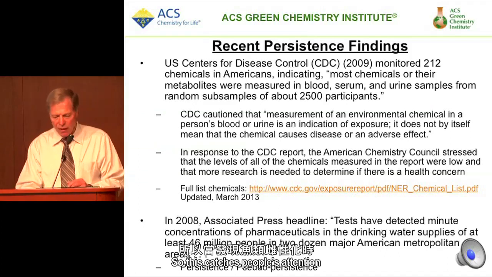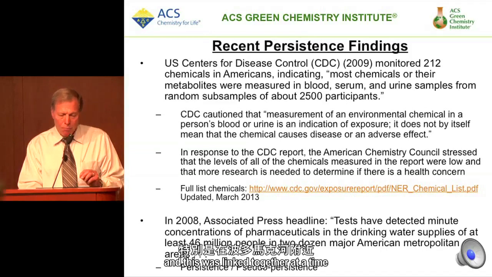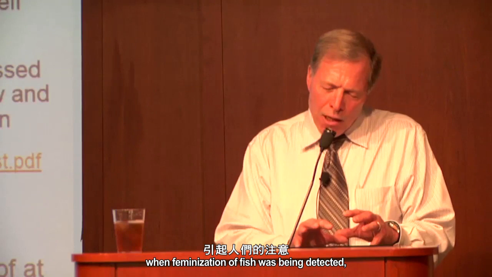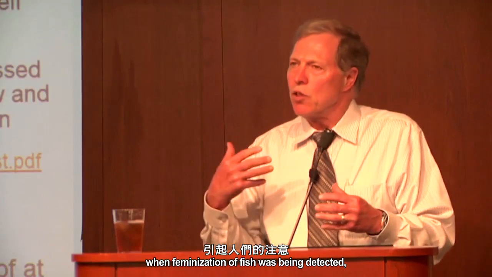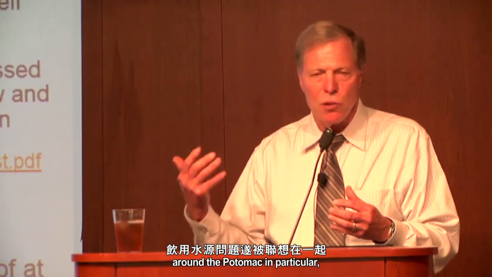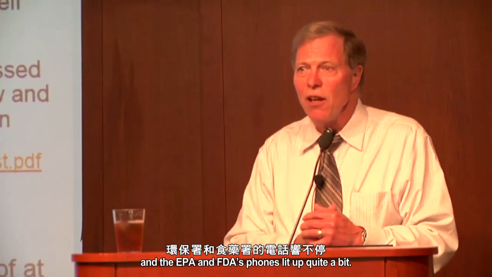This again catches people's attention, and it was linked together at a time when the feminization of fish was being detected, in particular around the Potomac. When that was reported, EPA and FDA's phones lit up quite a bit.